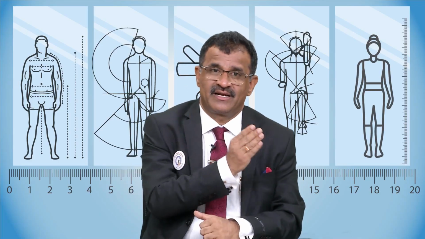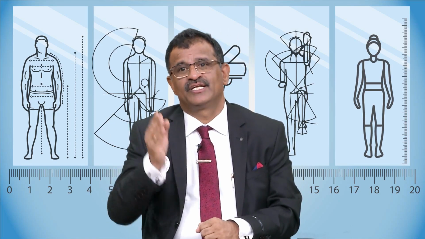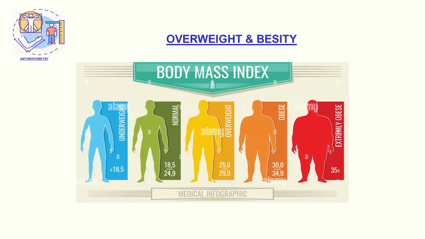So, underweight to overweight and finally to extremely obese, this range which is shown in different colors is very helpful to understand the mortality rate. Highly obese persons die early and the main reason of death is stroke, or they are affected by autoimmune disorders.